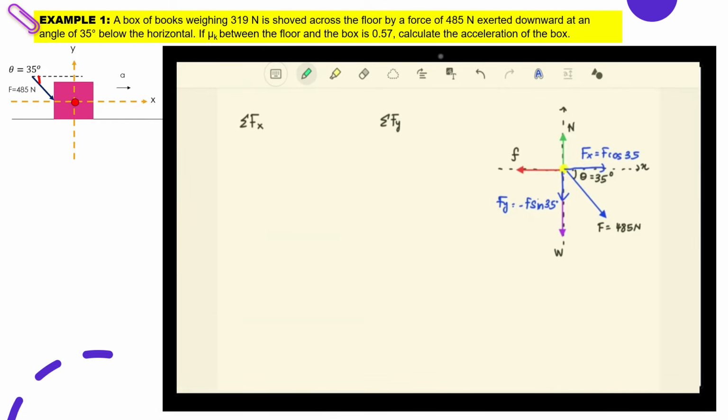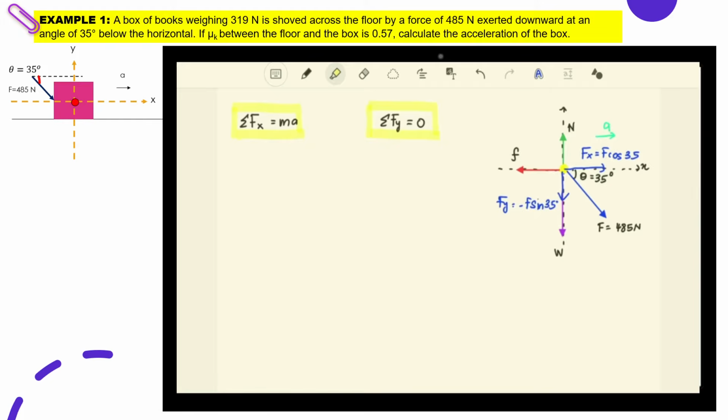We know that the object will move in X direction, so there is an acceleration to the right, because we pushed it. So total Fx should be equal to ma, because we want to find the acceleration, as the object is moving in X component, but total Fy is equal to 0. When you start to answer this question, please write these two equations.